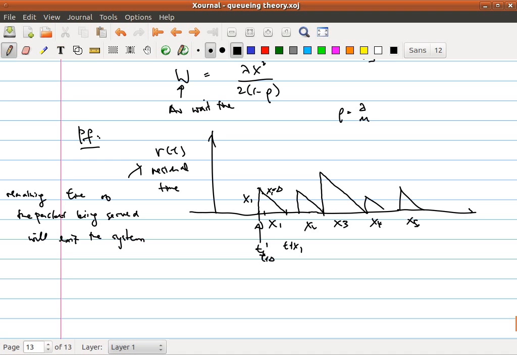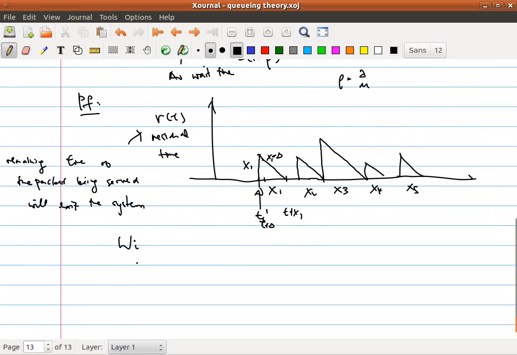Now, with this residual time defined, let's think about the wait time. Let's define Wi as the wait time for the i-th arrival, or i-th packet. What is the wait time for the i-th packet? There will be two components.